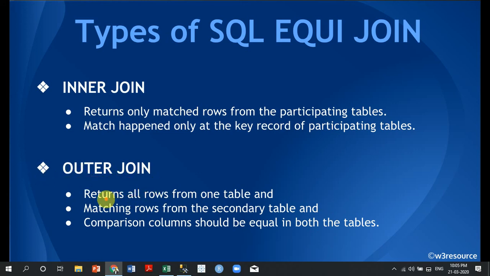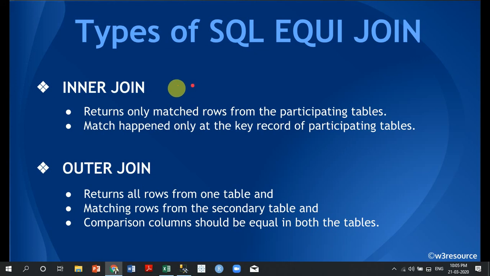Now talking about outer join, what does outer join mean? It returns all the rows from one table and matching rows from the secondary table. That means if you are going to perform left outer join, right outer join, or full outer join, then accordingly the conditions will take place.